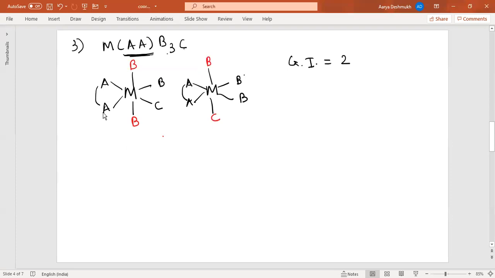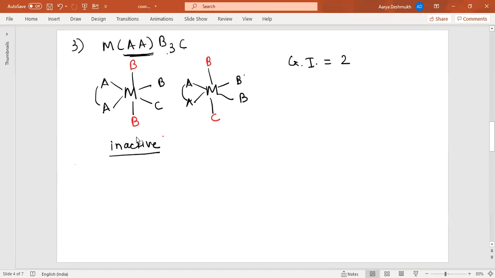Now to find the number of optical isomers, this is a very important trick for you. To find optical isomers, just look if the opposite ligands are the same. Now look here. In this one, opposite ligands are the same. If the opposite ligands are the same, then this complex will be optically inactive. What did I say?